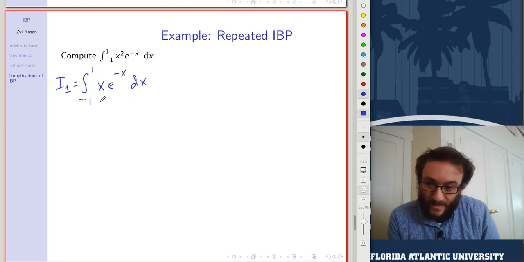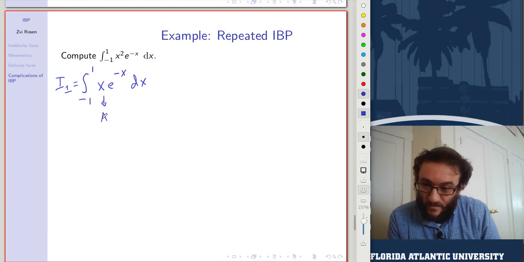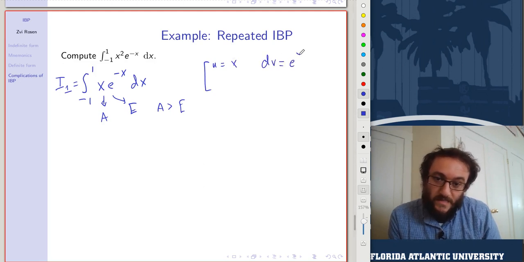Okay, so here again, we'll apply the same tools. This is an algebraic, this is an exponential, and a comes before e. So we have u equals x, dv equals e to the minus x dx. So v is minus e to the minus x, and du equals dx.